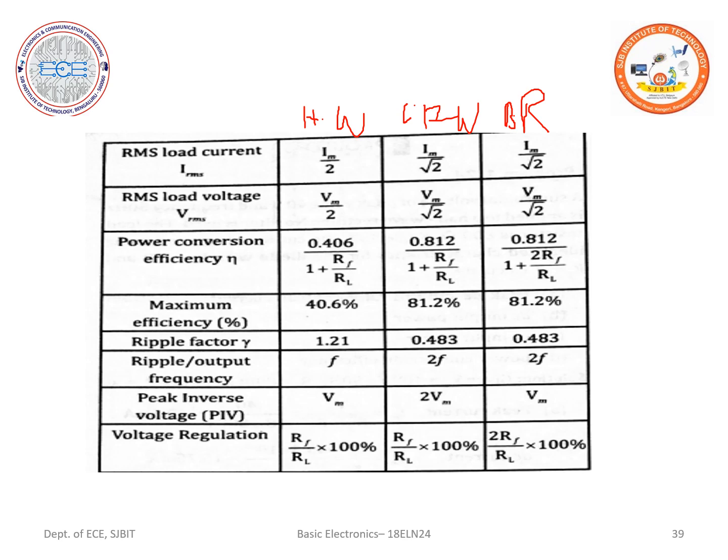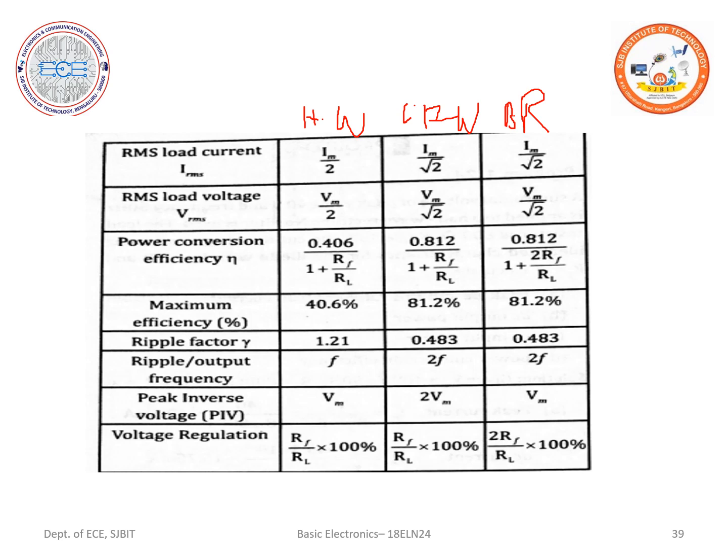Similarly, when we go for the power conversion efficiency, which is given by eta, for the half wave rectifier it is only 0.406. In order to show you the difference where you have to substitute 2RF, it is written in this form, or else you would have directly written it as 0.406. And for the center tap full wave rectifier, the efficiency eta is equal to 0.812, and for the bridge wave rectifier, you can see the difference here.